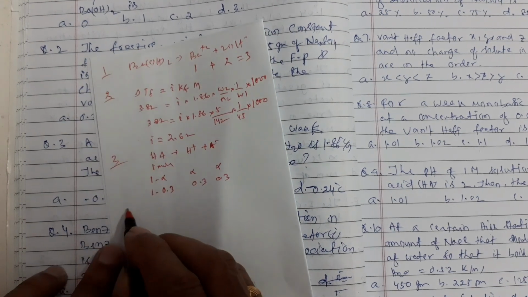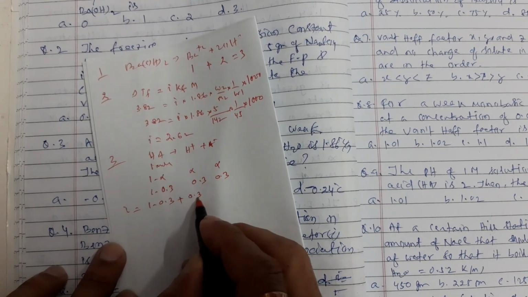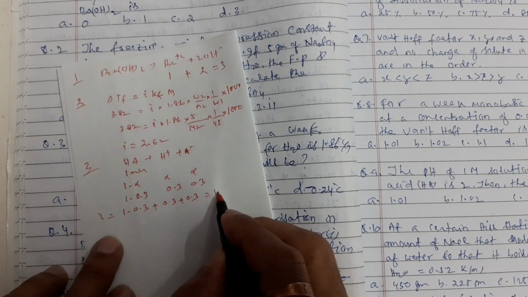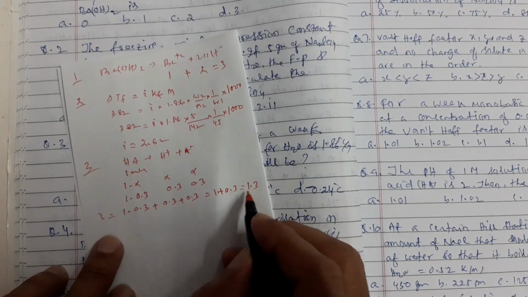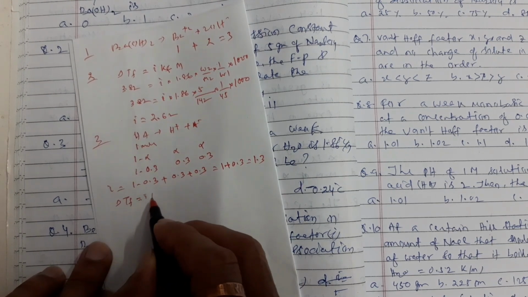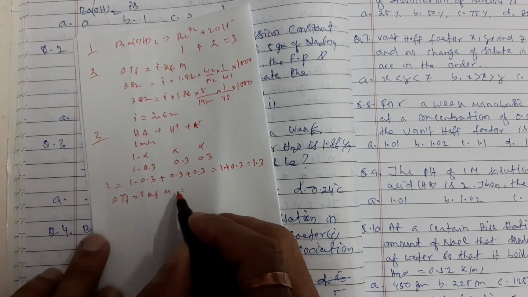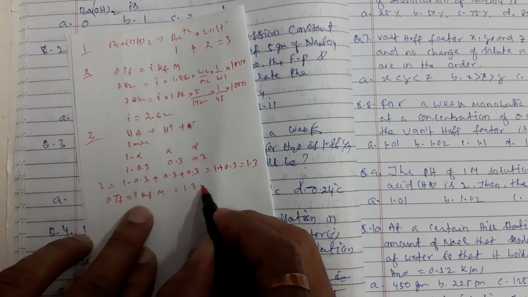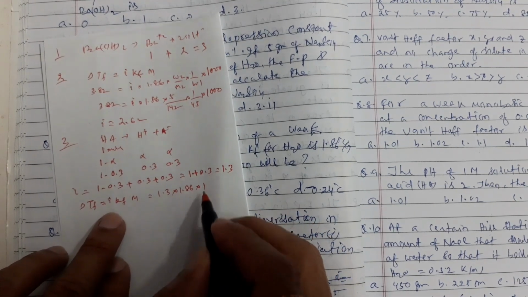So total i value is equal to 1 minus 0.3 plus 0.3 plus 0.3. You will get 0.7 plus 0.6, that is 1.3. Then the formula delta Tf is equal to i Kf times molality. The i value is 1.3, Kf value is 1.86 and molality is 0.1.